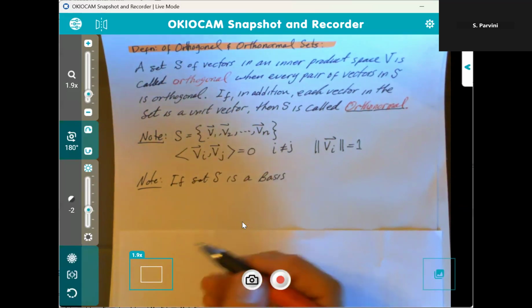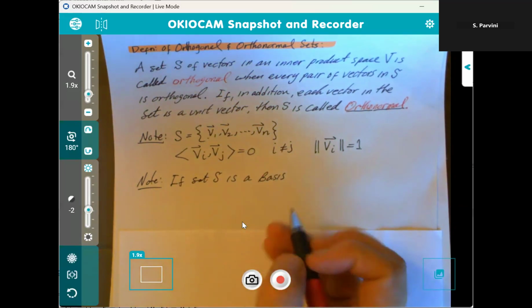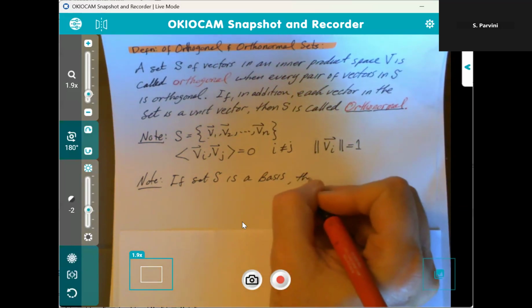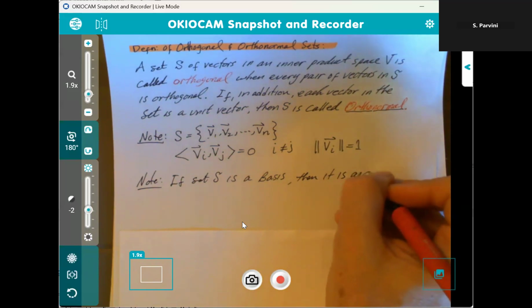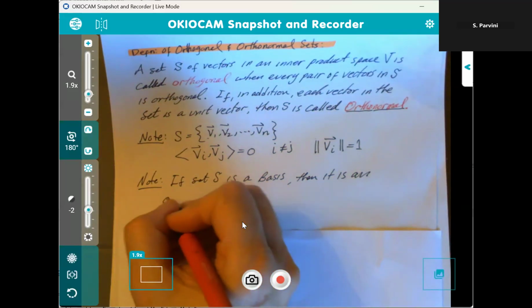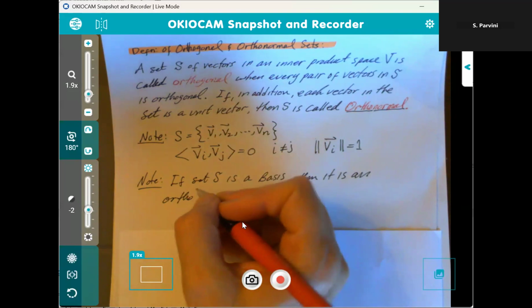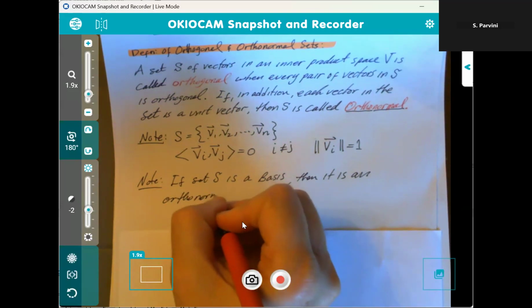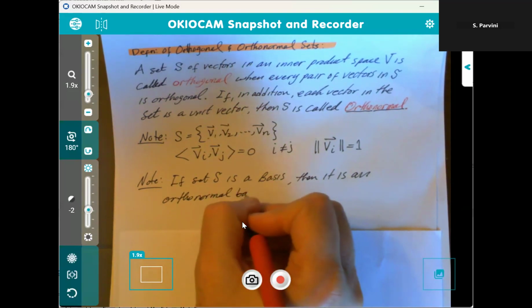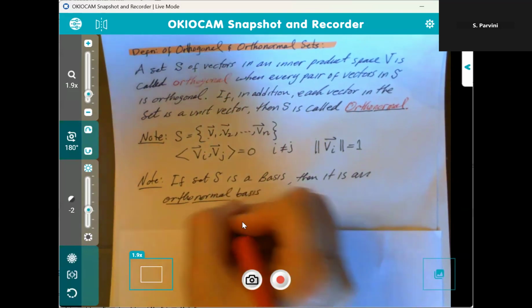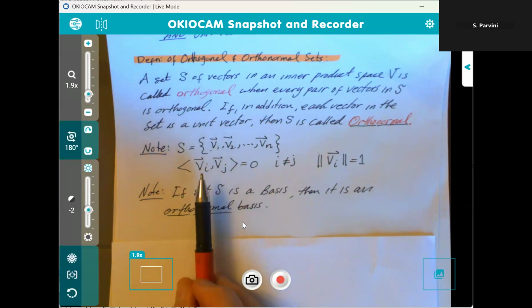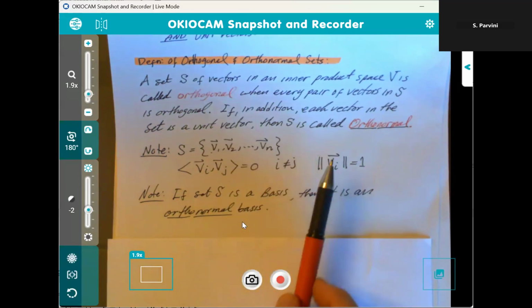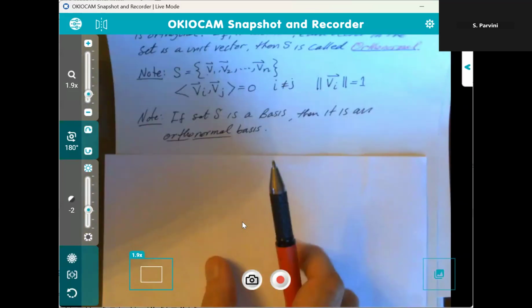Now, if the vectors in this set are basis vectors, then we say that this is an orthonormal basis. That means every vector in this set is mutually perpendicular, orthogonal, and every one of those has magnitude 1.